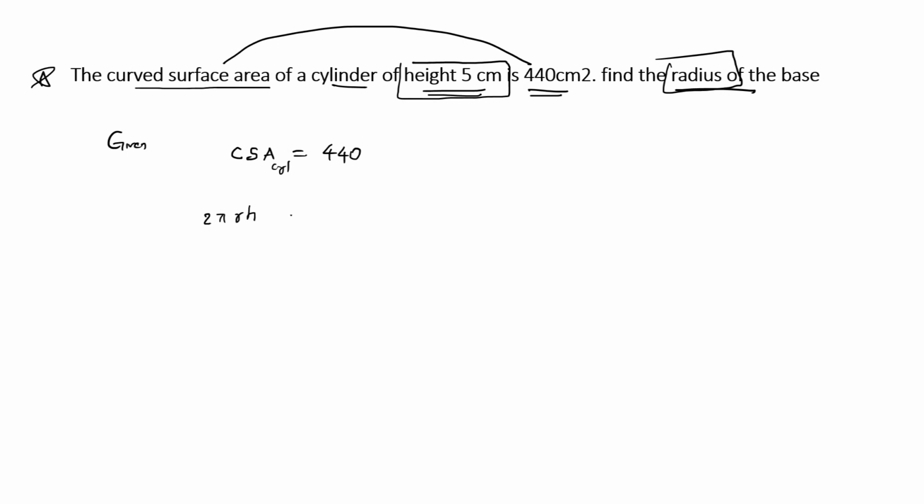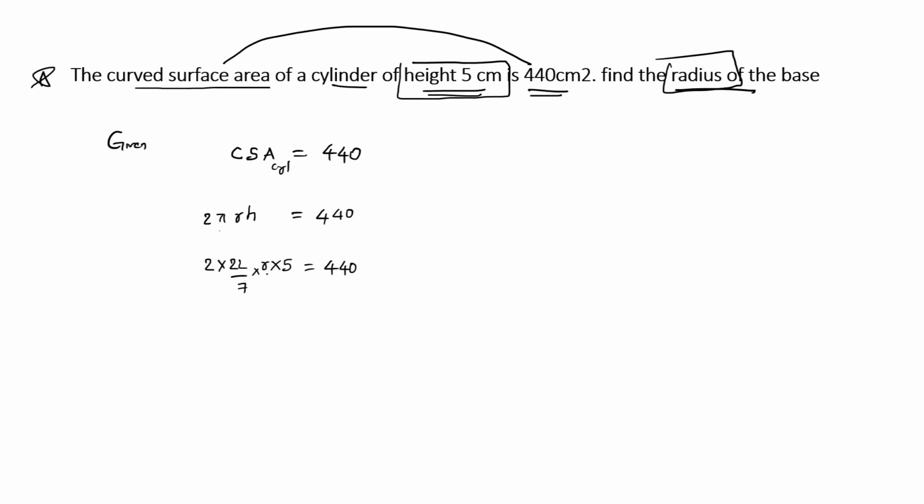is equal to 440, 2 into 22 by 7, pi means 22 by 7. Okay, r value we have to find, and h is given as 5, is equal to 440.